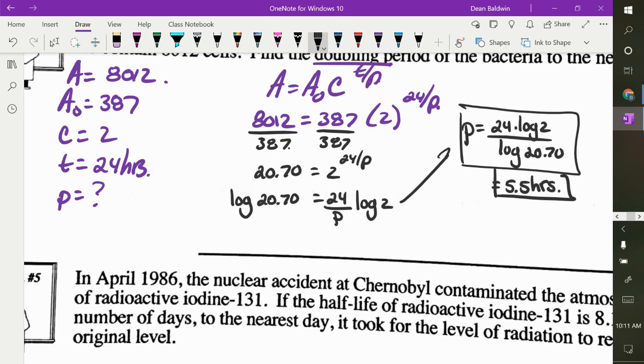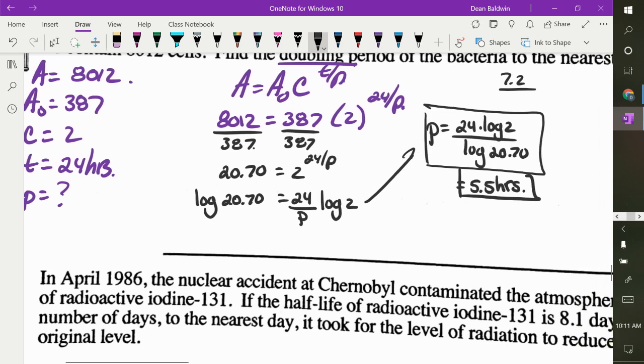It's 8. Oh, the whole top's 8? The whole top is 7.2. Yeah. Okay. What's log of 20.7? Oh, that's 20.7, not 2.7. Oh, okay, got you. All right. My fault.